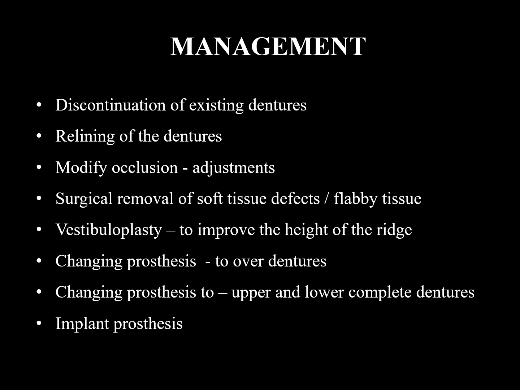The other alternative is to change both the upper and the lower dentures, whereby we extract the remaining lower anterior teeth in this single complete denture and then switch over to a conventional complete denture in both upper and lower. The last option is to fabricate an implant prosthesis, whereby you can go for replacement of only the missing teeth, or you can remove the existing teeth completely and go for implant supported dentures in both the arches.